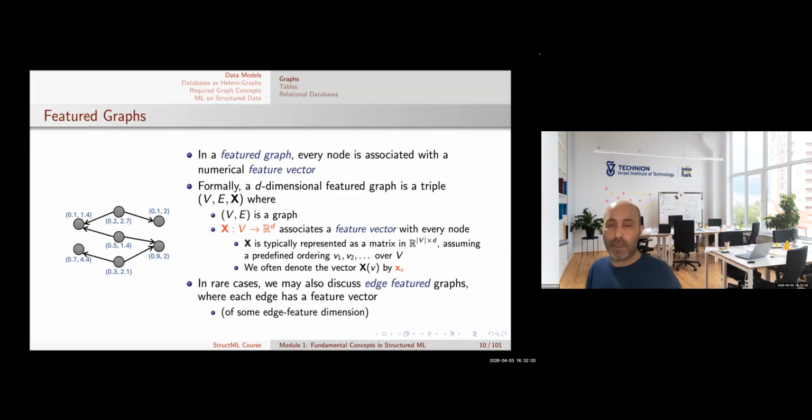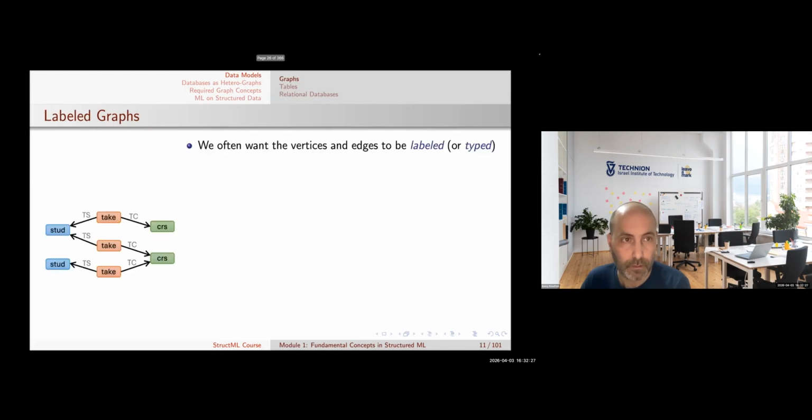Assume that there are no edge features, but if we need them, then I'll say that explicitly. Do realize that every node in a featured graph has the same dimension for its features, and if the edges are also featured, then there will also be a fixed dimension there as well.